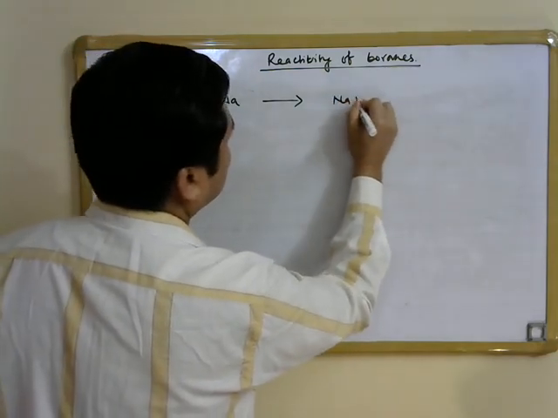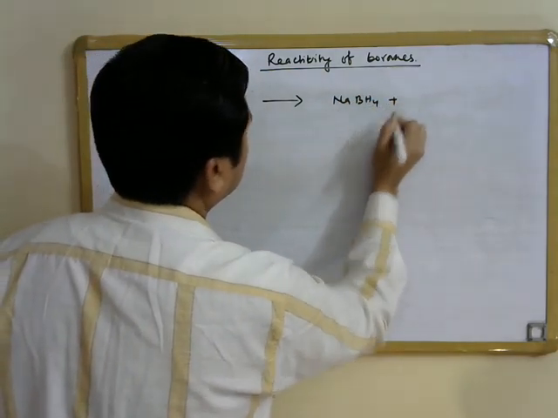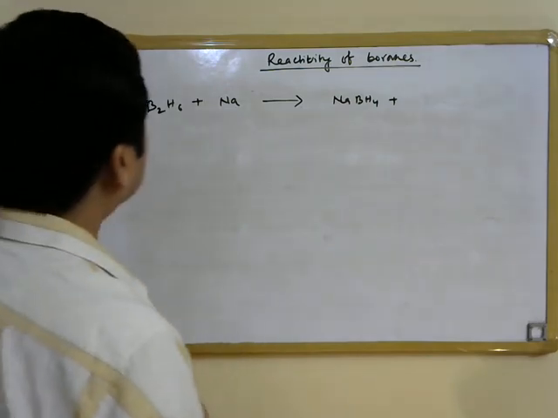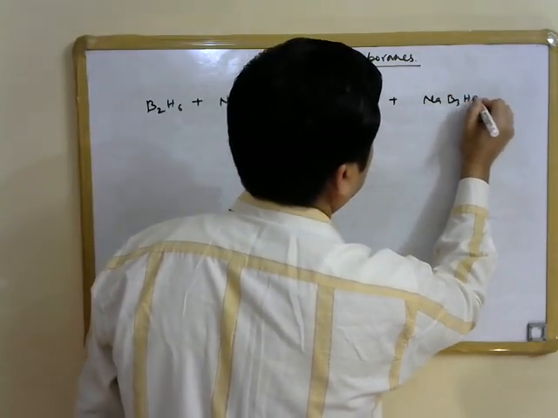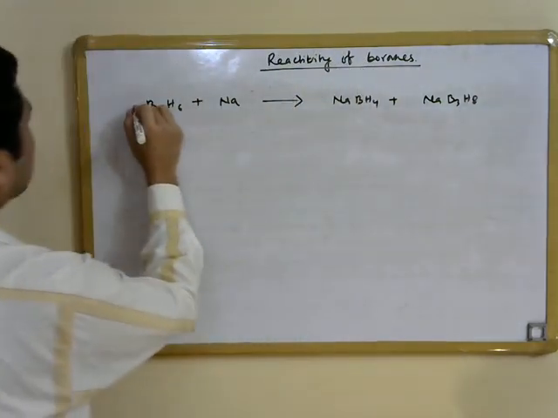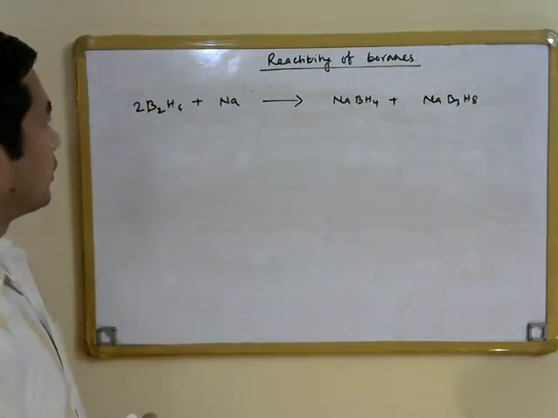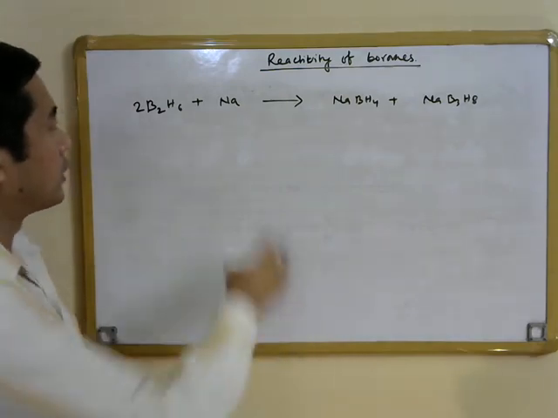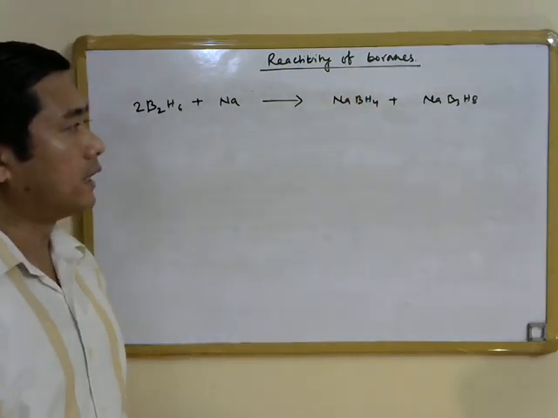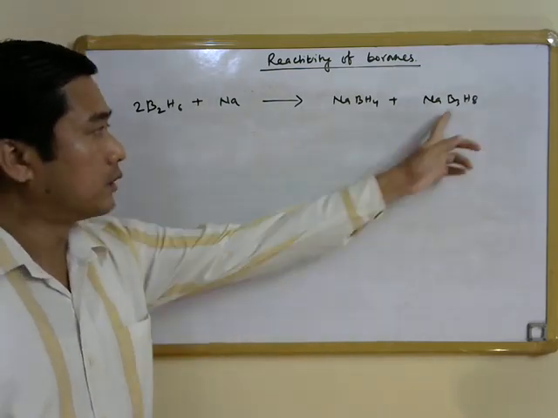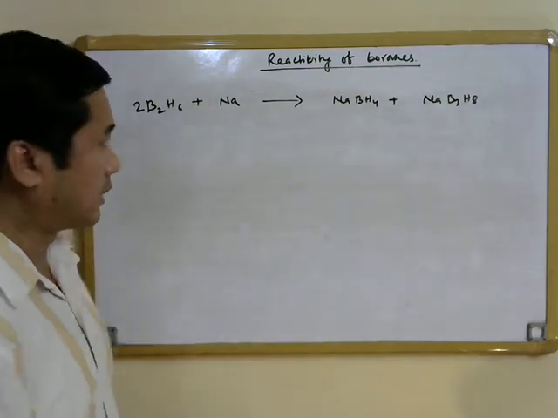That is, we will end up with NaBH4 plus we also obtain NaB3H8. So we start with 2 moles of B2H6 here, and when we treat it with sodium, we obtain sodium borohydride as well as NaB3H8, which is B3H8 anion essentially.